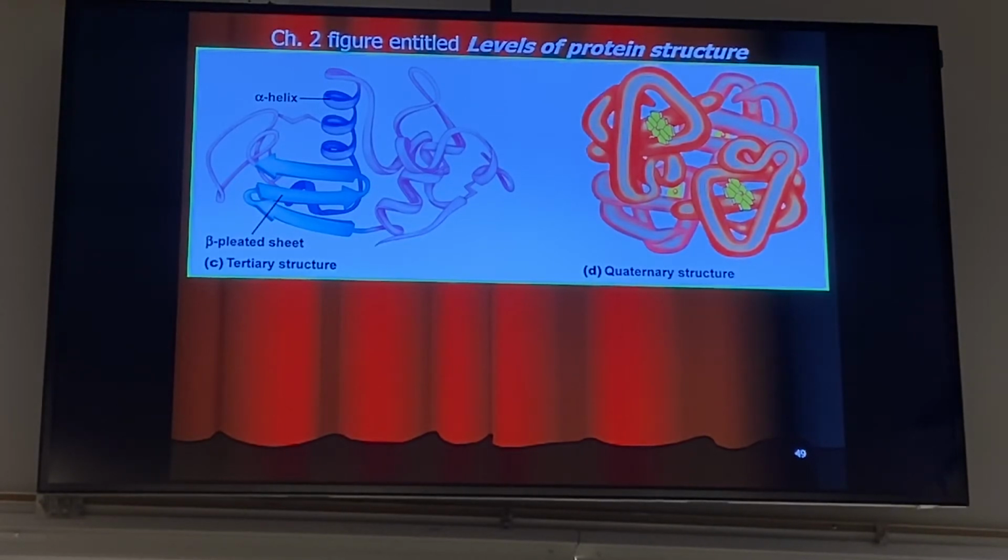And quaternary, you have to have more than one protein chain. All the way up to tertiary protein structure, it's just a single chain. Once you get to quaternary, you must have more than one. Hemoglobin has 4, insulin has 2, so they both qualify as quaternary protein structures. Any questions?